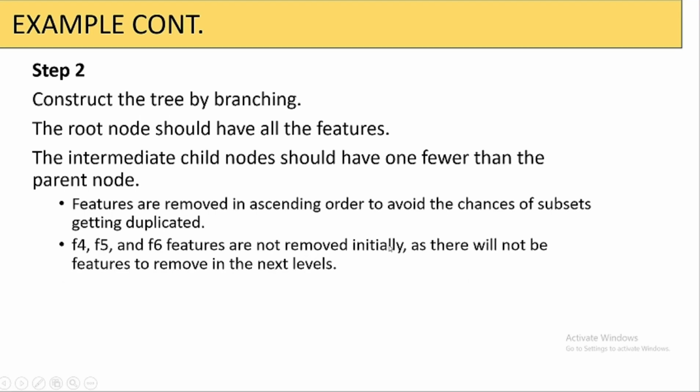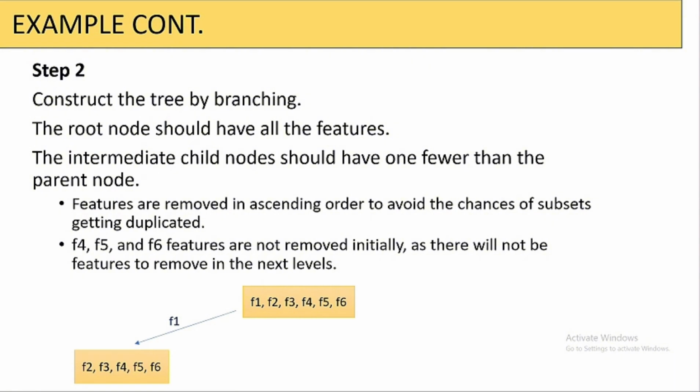So we have to start constructing the tree by branching. The root node has to have all the features. This is my root node. I have added all the features f1, f2, f3, f4, f5 and f6. Then the intermediate nodes have to be created by reducing one feature from the parent node. Here I am removing the f1 feature and creating this node.